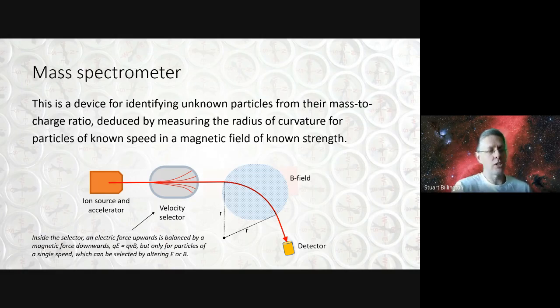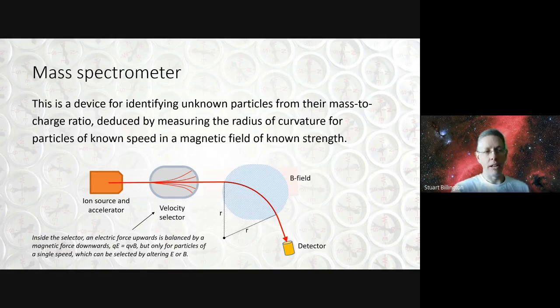And we can change the speed if we want to by just tweaking E and B. And this allows us to know the speed of the particles that come out of the accelerator and the velocity selector. And then, like I said, the location of the detector allows us to determine the radius of that path.